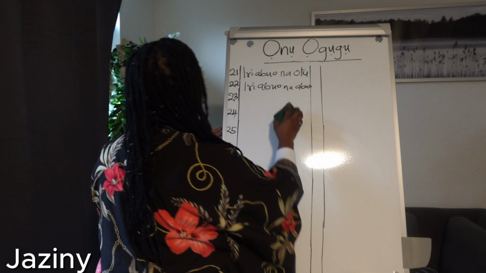So we have, tell me what 23 is. Iri abuo. Apply the O sound. Iri abuo na ato. Iri abuo na ato. Iri abuo na ato. Iri abuo. Tell me now. Na ano.